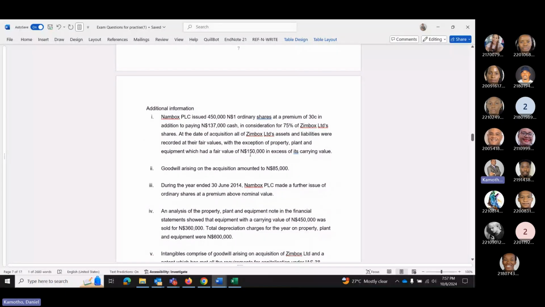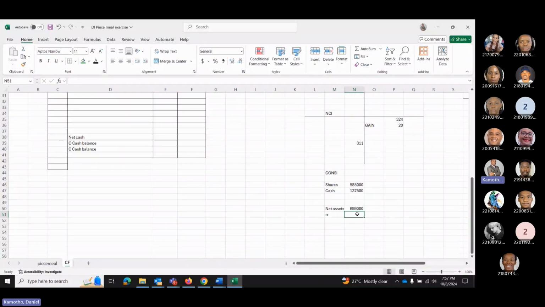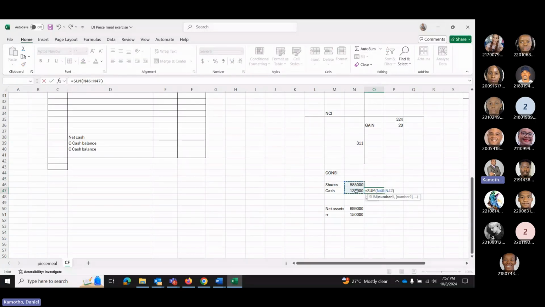There was a 150,000 in excess of its carrying value. So that is the total consideration. We now know the total consideration is those two.